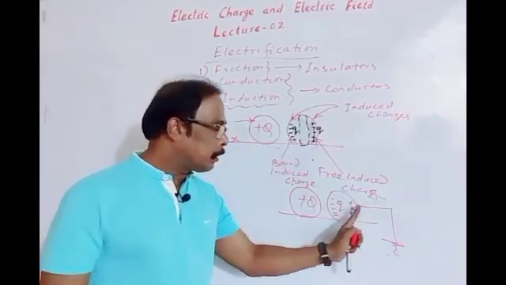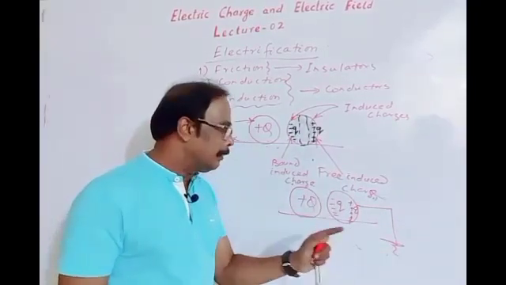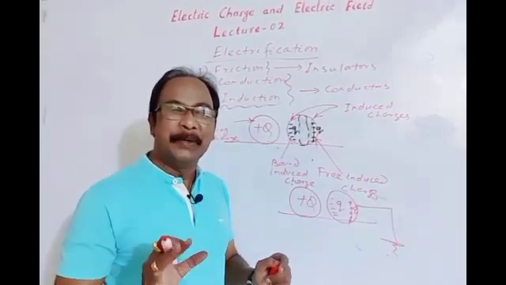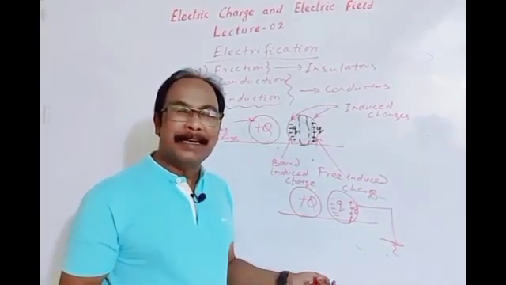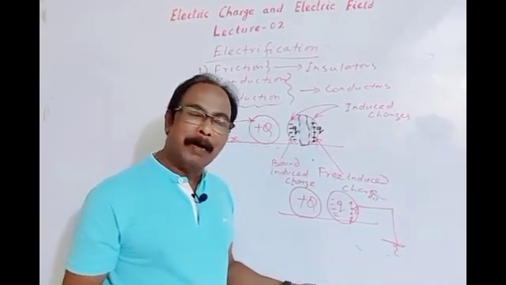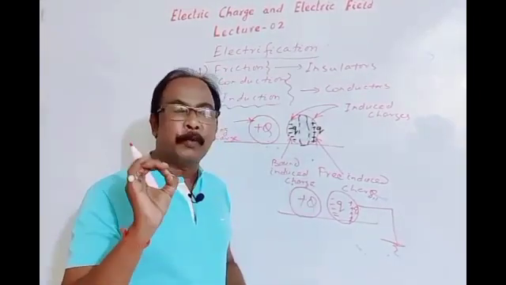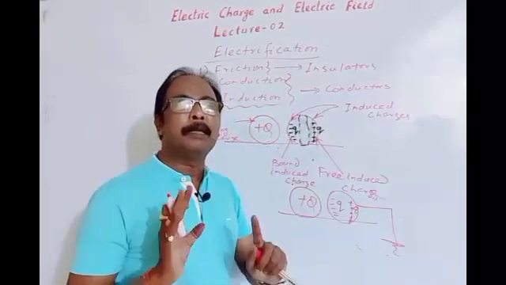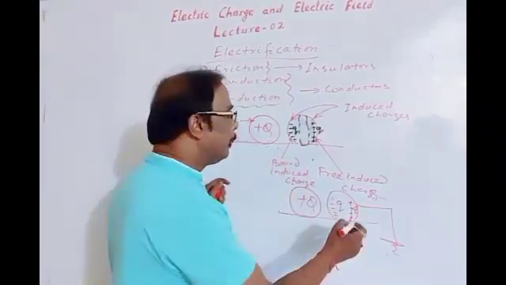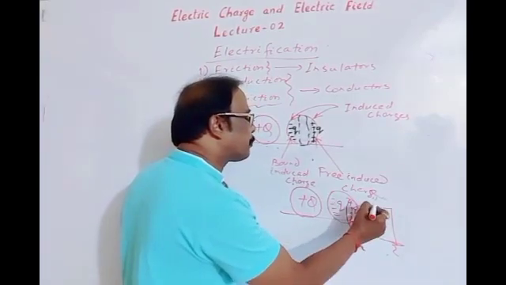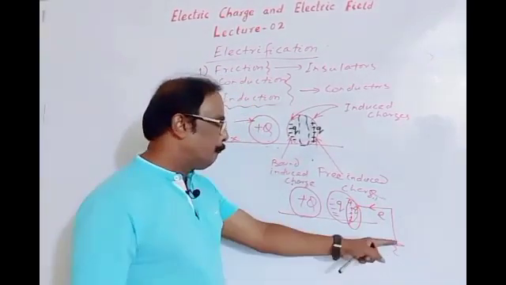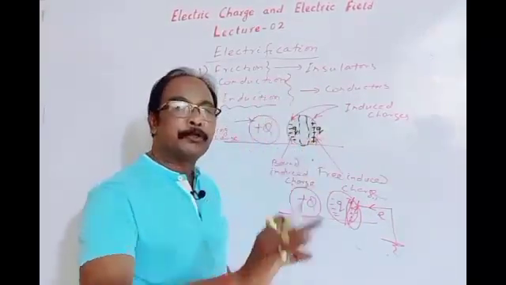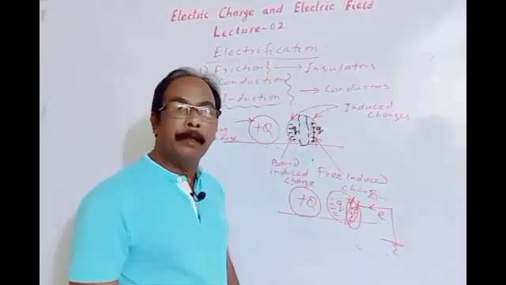If it is connected to earth by a conducting path, then the positive charges will not flow. As you know, the mass of a proton is 1837 times that of an electron. So positive charges, meaning protons, are heavier compared to electrons. So positive charge never moves. Then what will happen? To neutralize this positive charge, electrons will flow from earth to this body, and finally this charge will vanish. So this is called free induced charge.